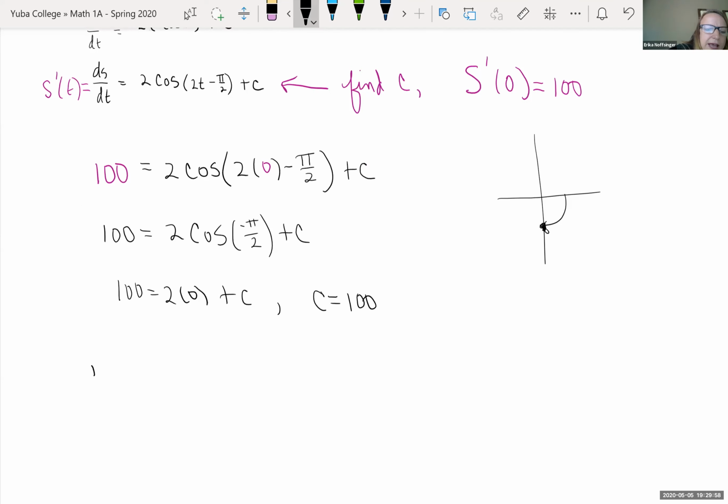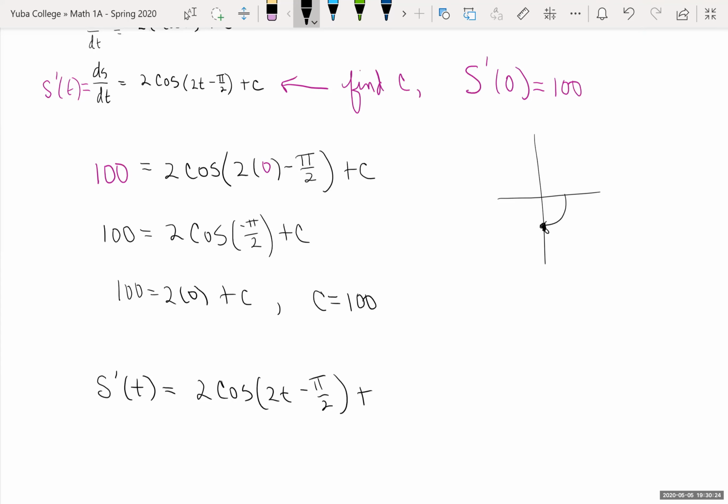So we now have our first derivative function for our position. So s prime of t is equal to 2 cosine of 2t minus pi halves plus 100. We found c was 100.